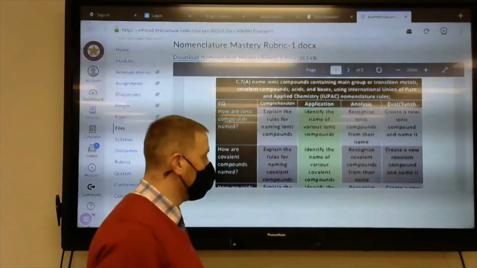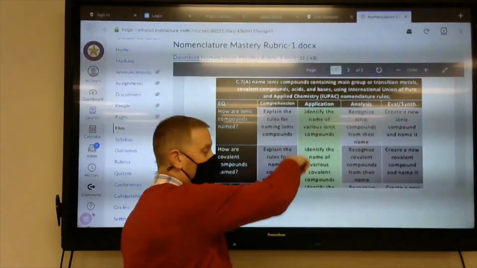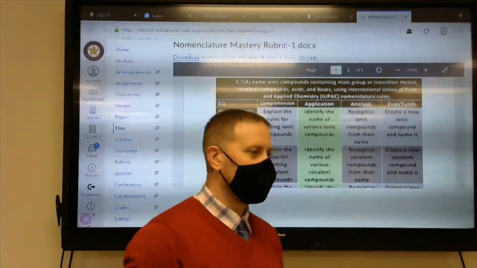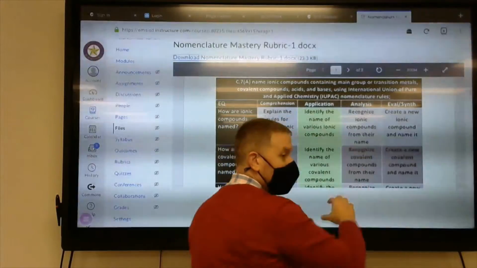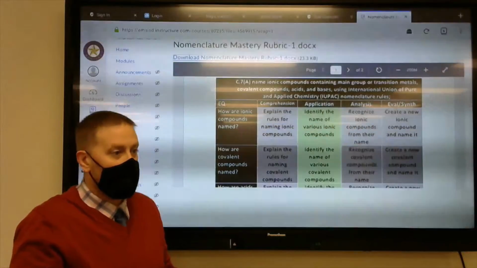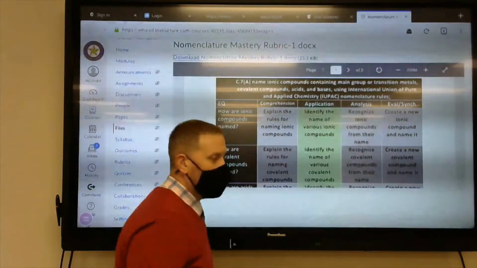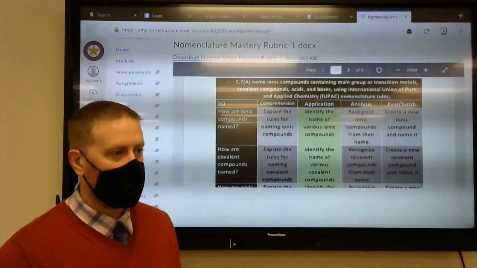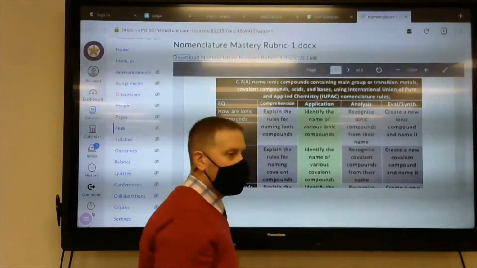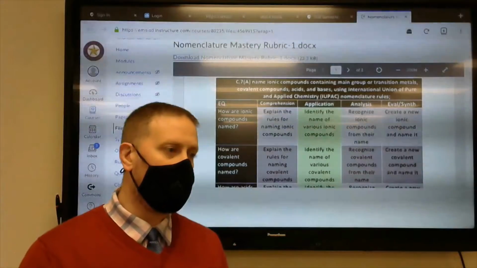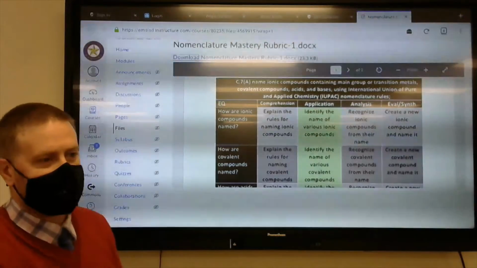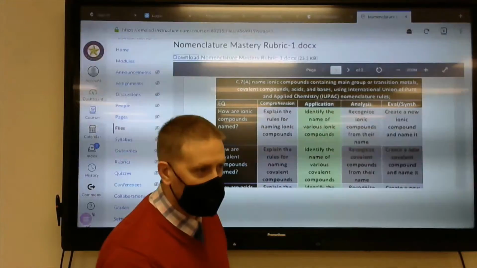The one that's shaded green. Anything above that is like if it's the middle of the unit and you've already achieved application level, then you should be focusing on the analysis and evaluation levels, so that you're not just sitting there doing nothing.